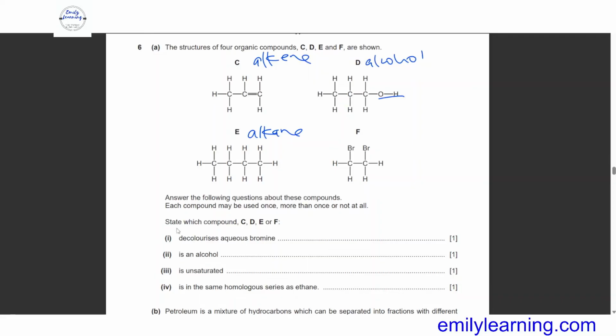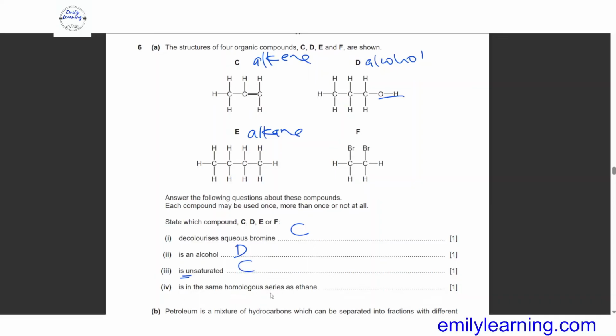Okay, so now state which compound C, D, E, or F will decolorize aqueous bromine. In order to decolorize aqueous bromine, it must be an alkene, so the answer is C. Next is an alcohol, so it is D. Is unsaturated, that means it has double bonds or triple bonds, so only C has double bonds.